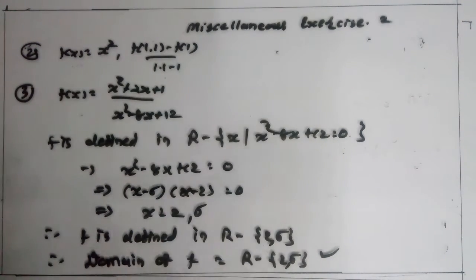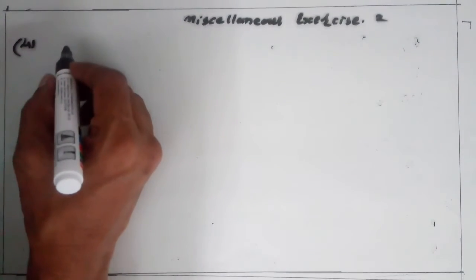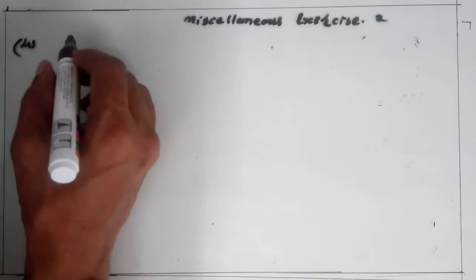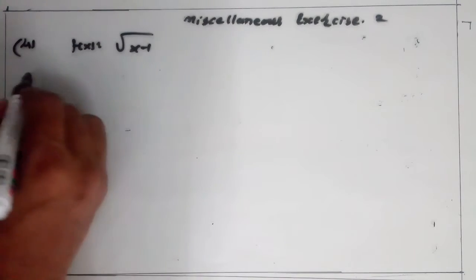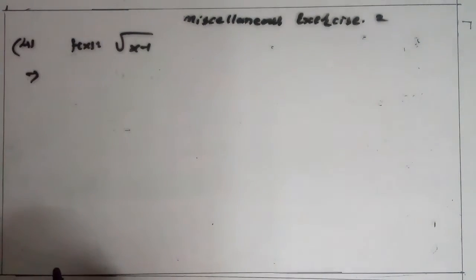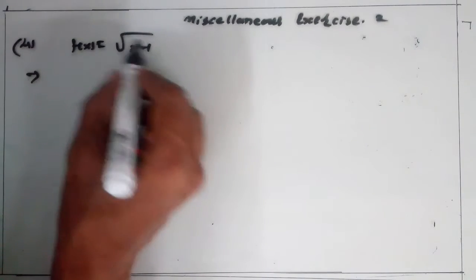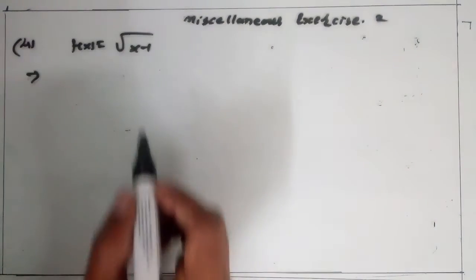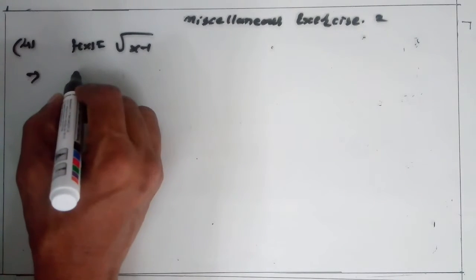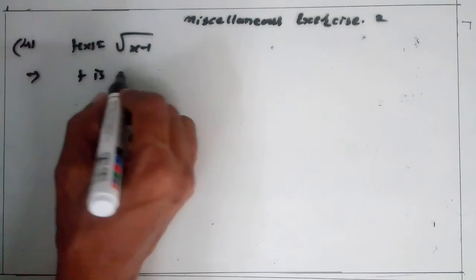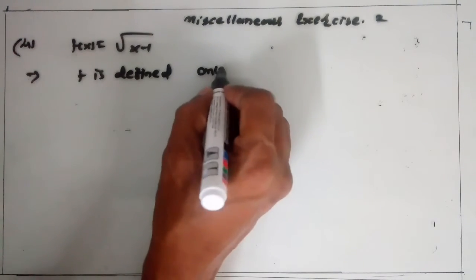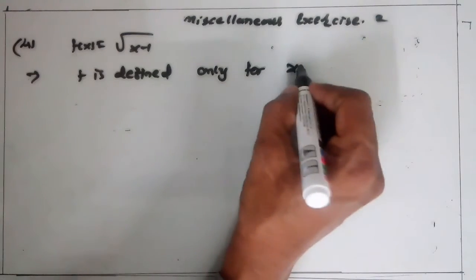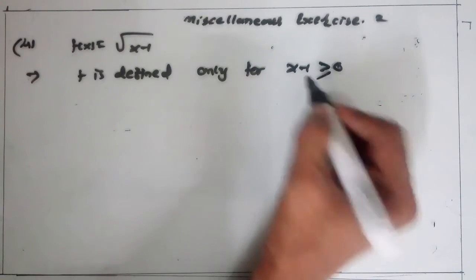Now next question, question 4. Find the domain and range of the real function f(x) is equal to root of x minus 1. Here f(x) is equal to root of x minus 1, defined only for x minus 1 greater than or equal to 0.